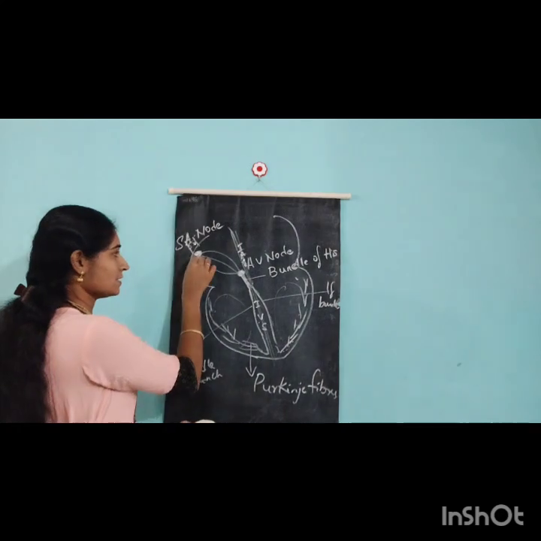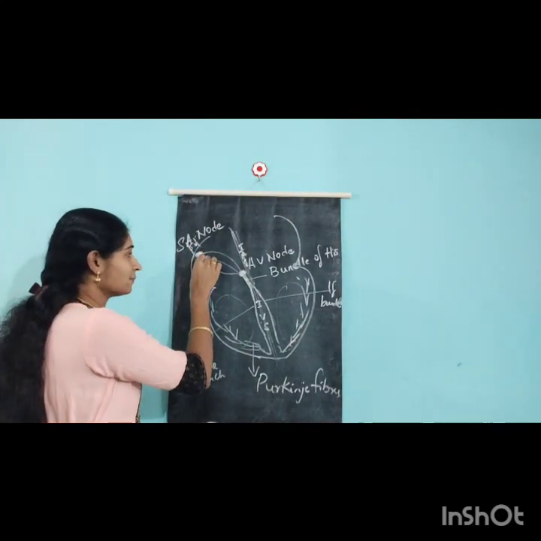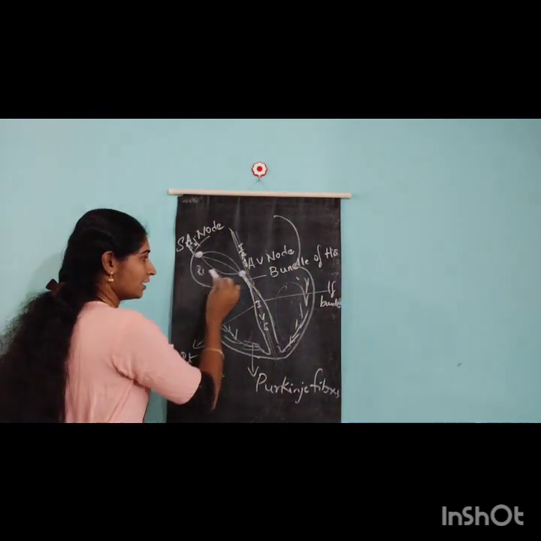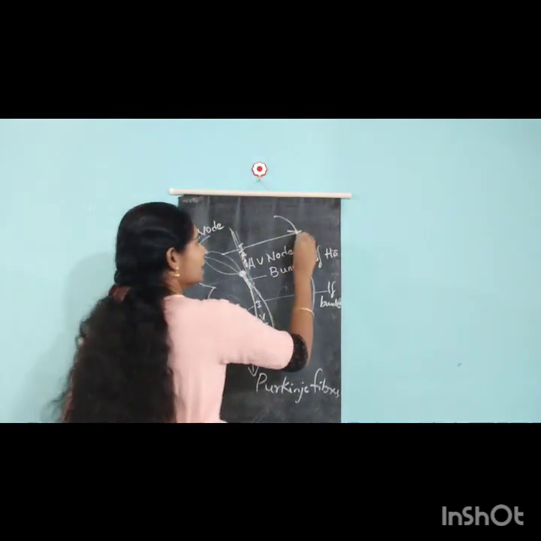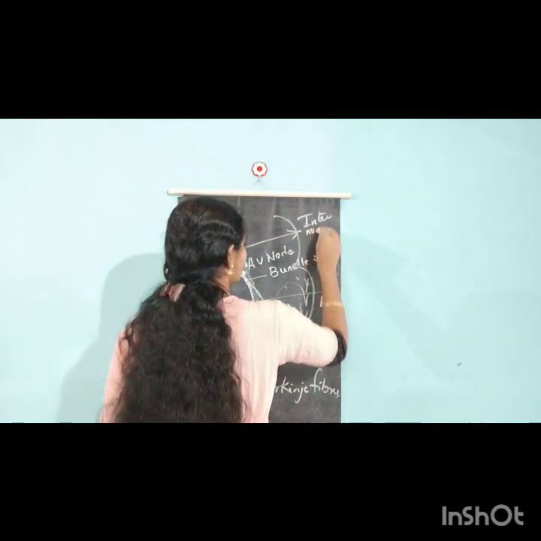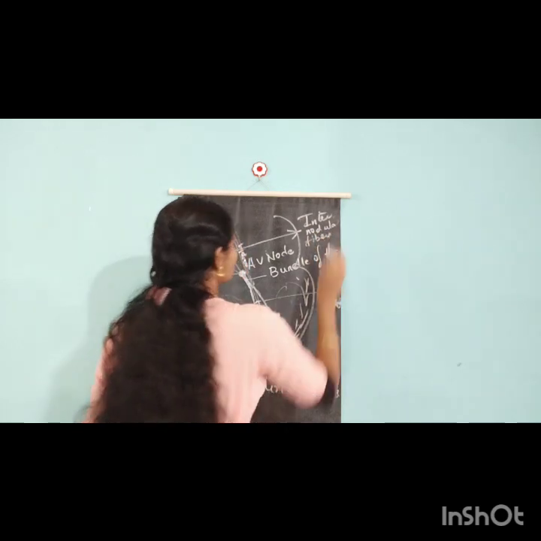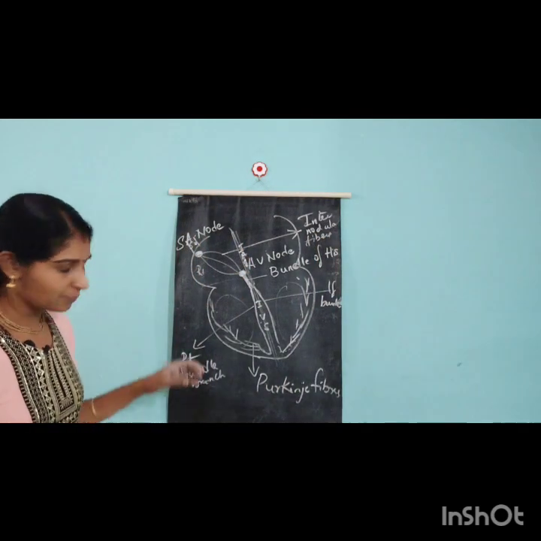So whenever the impulse is generated from the SA node, from the pacemaker, it spreads throughout the right atrium and through the internodular fibers. Through internodular fibers, what happens?